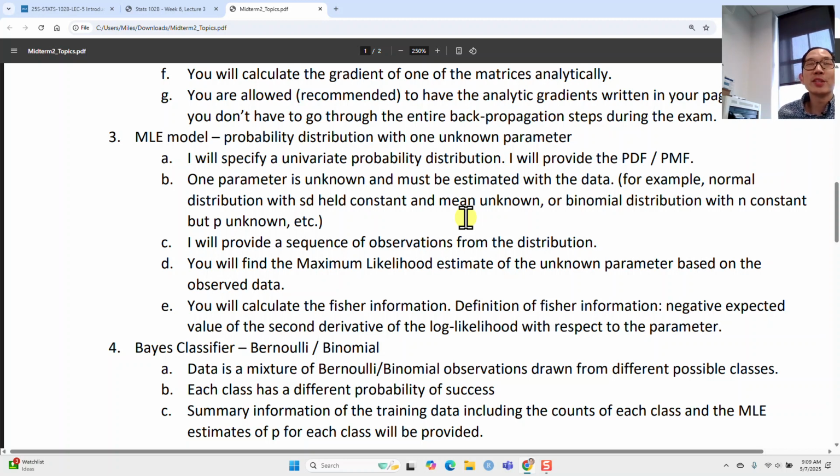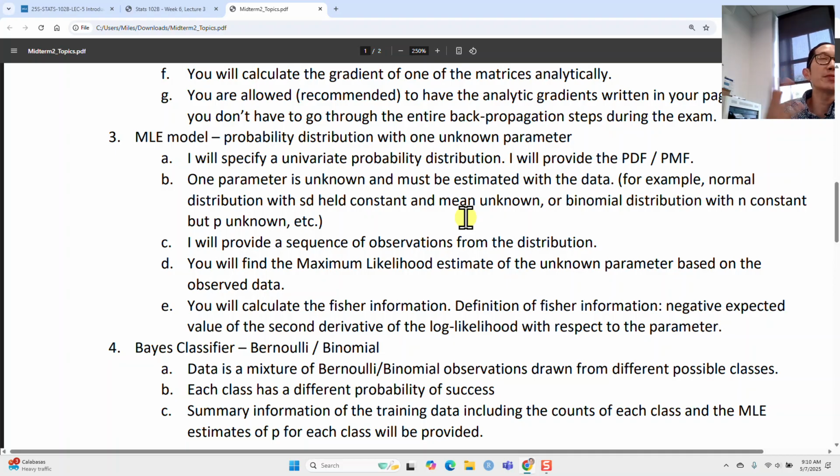There might be other distributions that are possible. The beta distribution has two parameters, a shape 1 and a shape 2 parameter. I would say just one of these things is unknown, or like a Poisson, the rate parameter is unknown, or exponential, the rate parameter would be unknown.